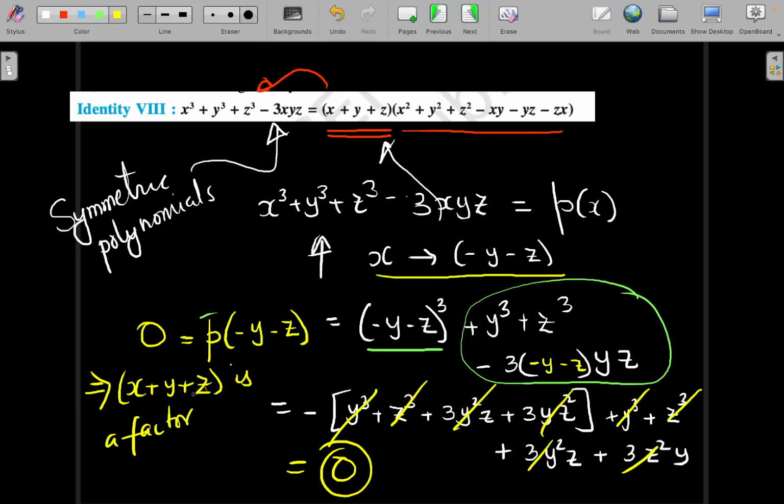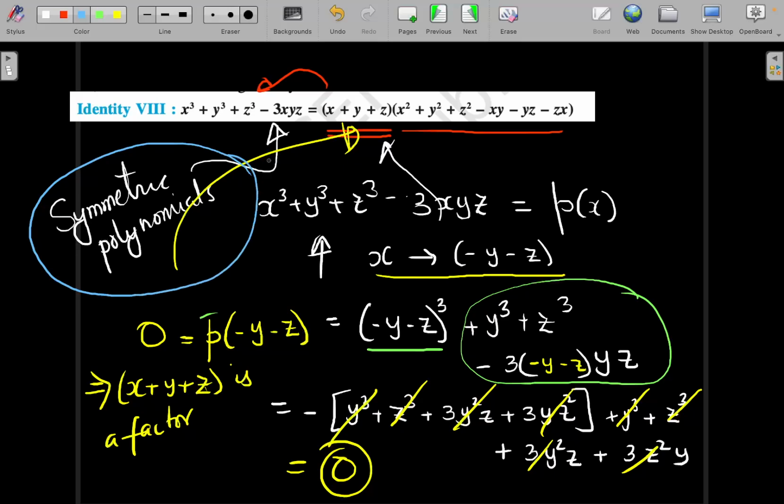Now, like I said, this is really a bad explanation for why this factorization might be true, but we'll get a very nice explanation when we study a very important topic called symmetric polynomials, which is going to come very soon.